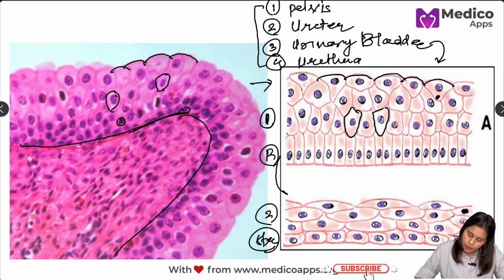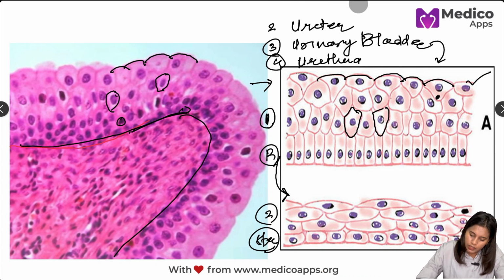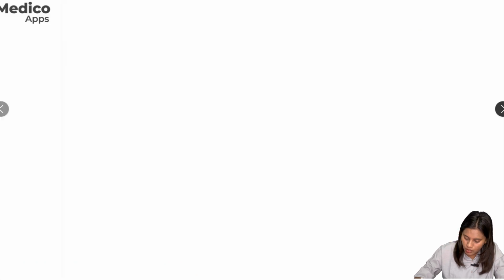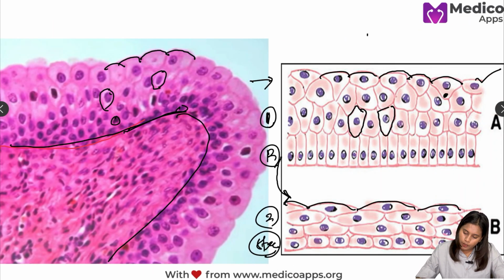When the bladder is stretched, or distended, the upper layer of the cells becomes flattened and almost looks squamous in appearance. The middle layer of the cells accommodates the space.